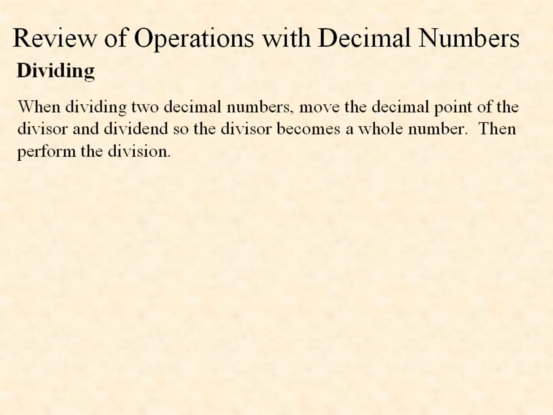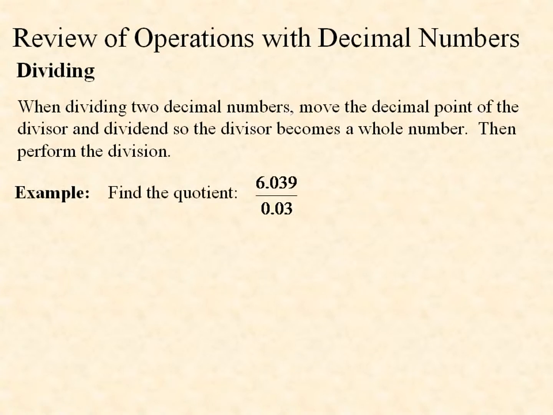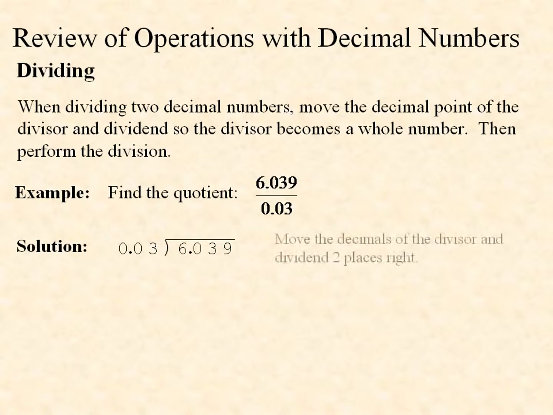When dividing two decimal numbers, move the decimal point of the divisor and dividend so the divisor becomes a whole number. Then perform the division. For example, to find the quotient of 6.039 over 0.03, you first write it as a division problem, and then move the decimal point 2 places to the right. Do this for both the divisor and the dividend.